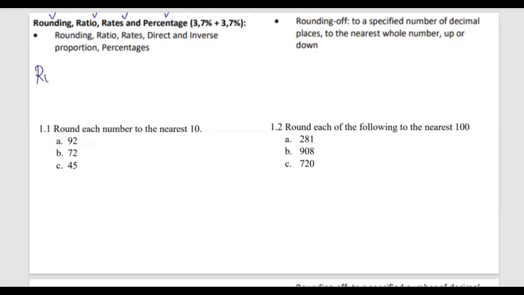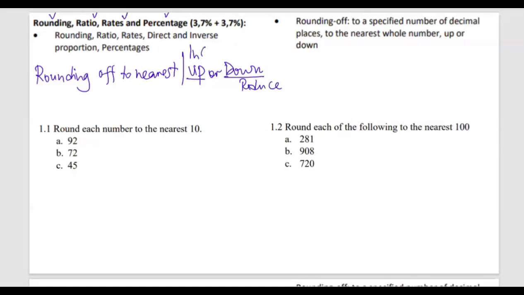You either round off to the nearest, or you round up. If not, you round down. Definitely down, you reduce, and up, you increase.